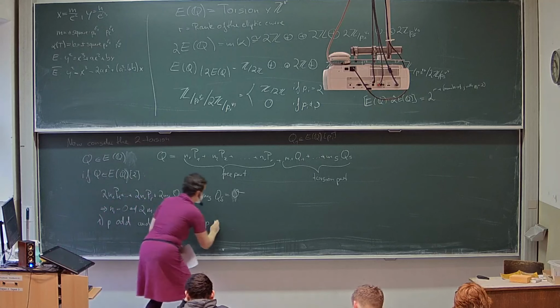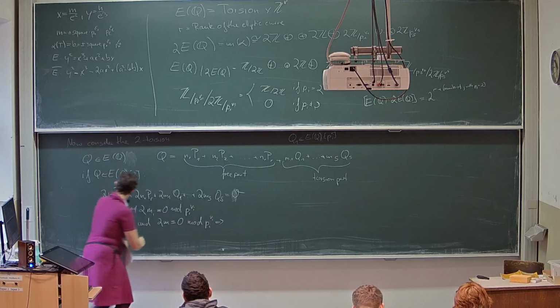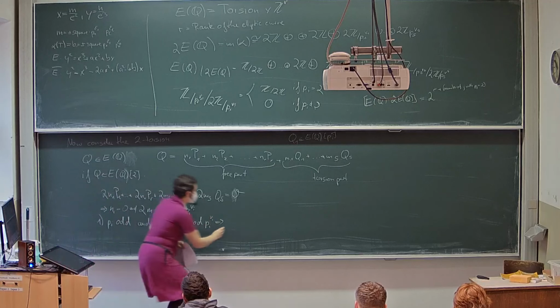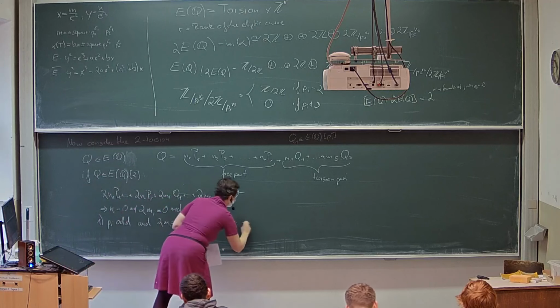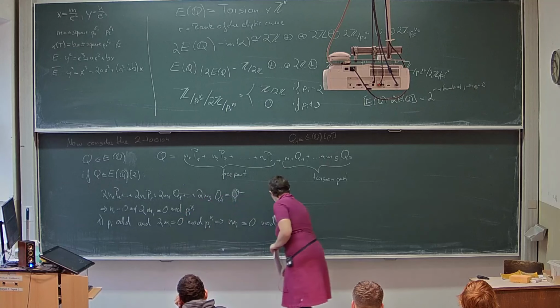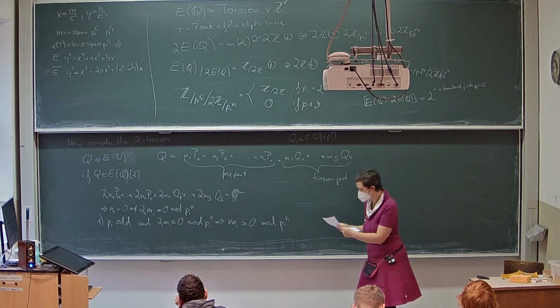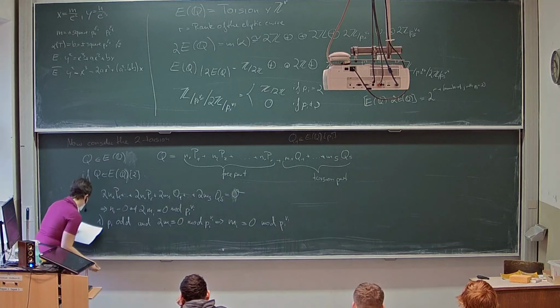we have, of course, pi odd. We also have that mi is 0 modulo pi to the vi, and if p is 2, then it doesn't matter what m is.